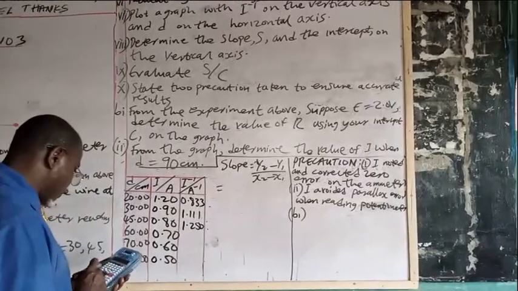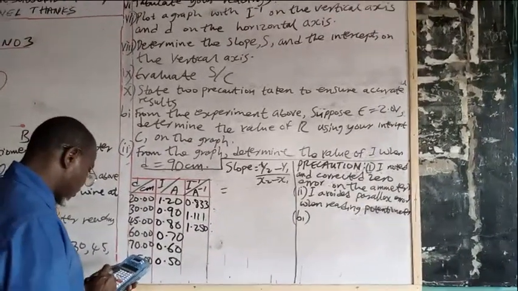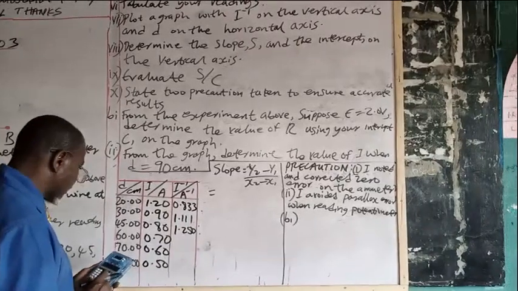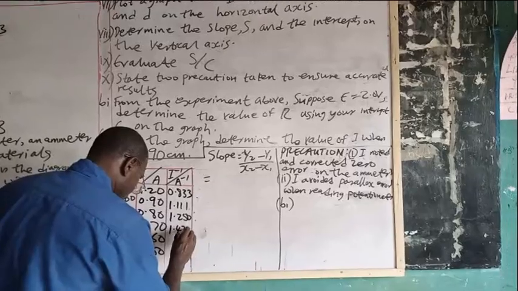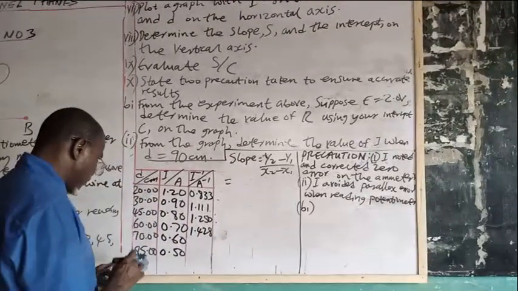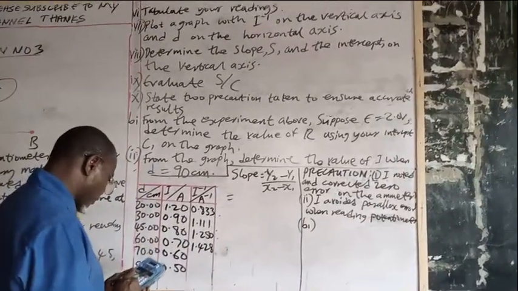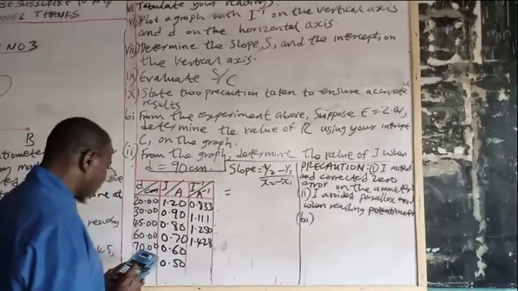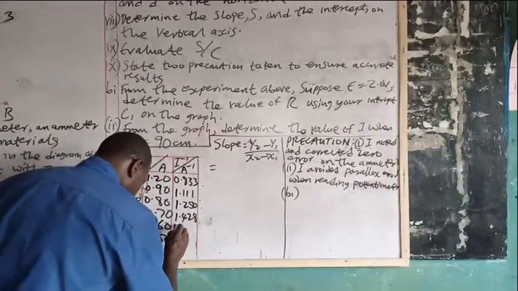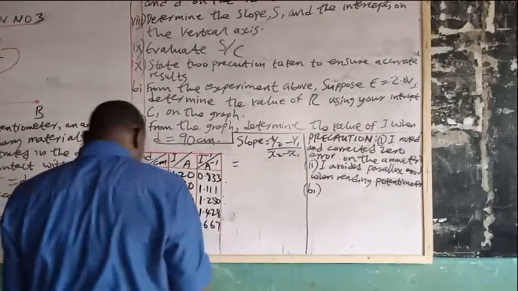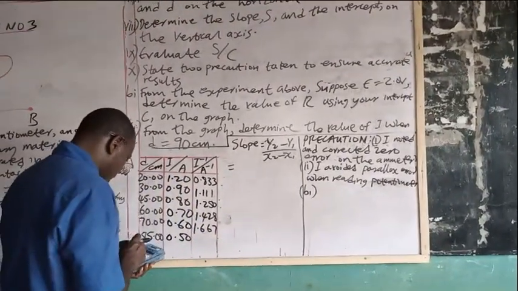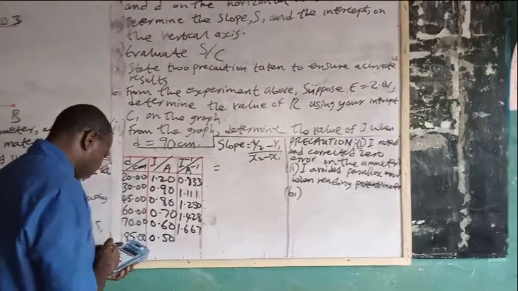Inverse of 0.7 is 1.428. Inverse of 0.6 is 1.66.